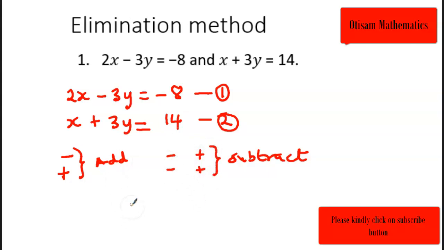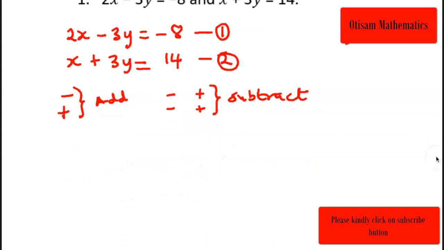Okay, let's go back to the equation that we have. 2x minus 3y is equal to minus 8. x plus 3y is equal to 14. Now let's check for the variables. For x, the coefficient here is 2, here is 1. They are not the same. Let's come to y.